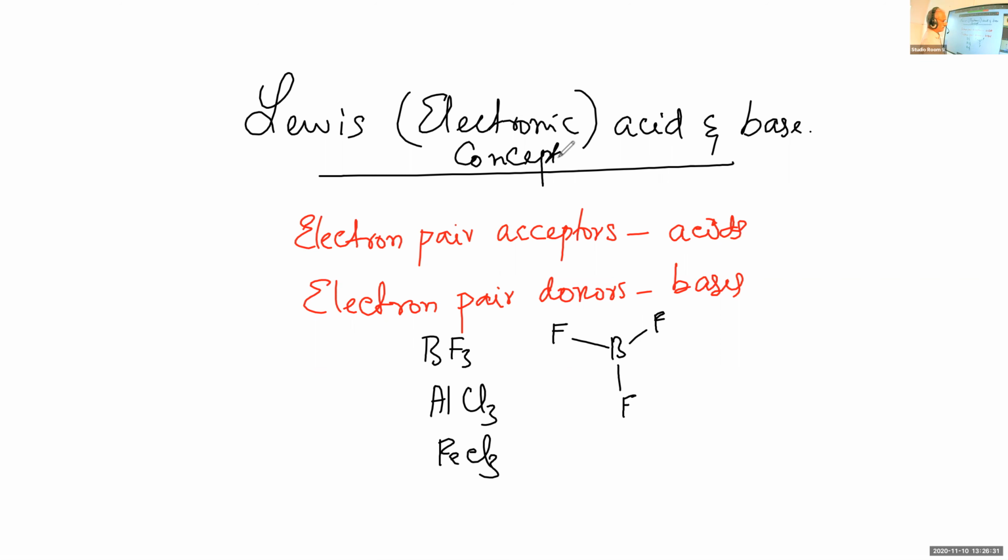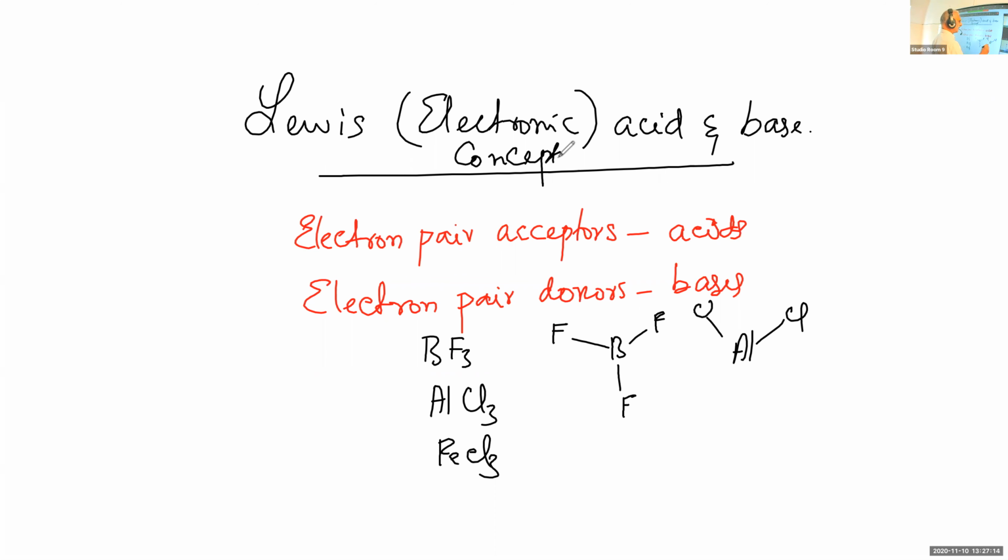Around the boron atom, there are only 3 covalent bonds. In a covalent bond, there is a pair of electrons, 2 electrons. So 3 covalent bonds, 3 into 2, 6 electrons. That means in BF3, boron has not completed the octet. So boron is electron deficient. It can accept a pair of electrons, 2 more electrons, to complete the octet. Similar is the case with AlCl3 and FeCl3.